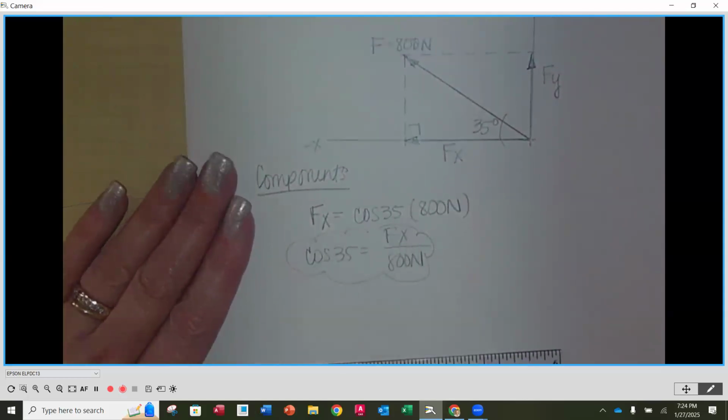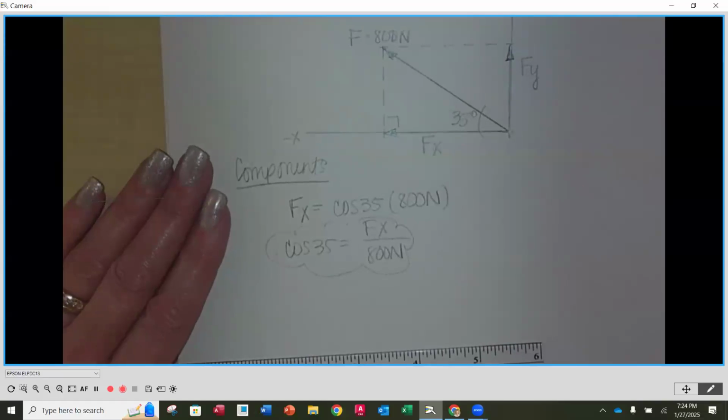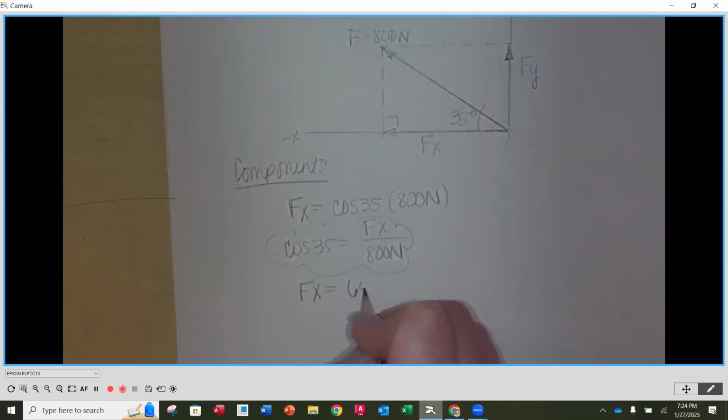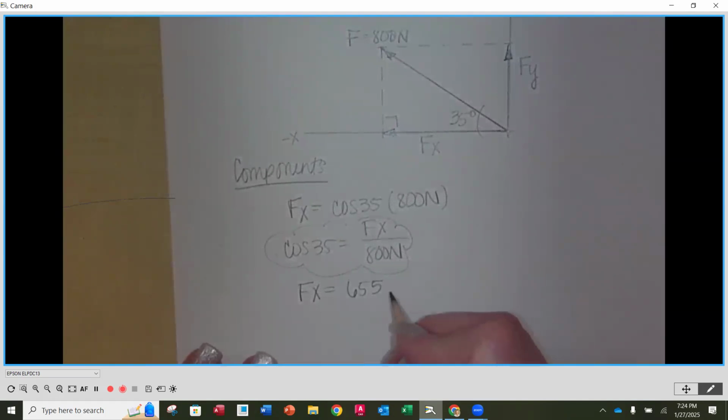I'm just kind of going there right away. So now I can key in cosine 35, that'll be a decimal value, times 800. So we're going to get FX is equal to 655.3. 3 significant digits is fine. And that is going to be newtons.